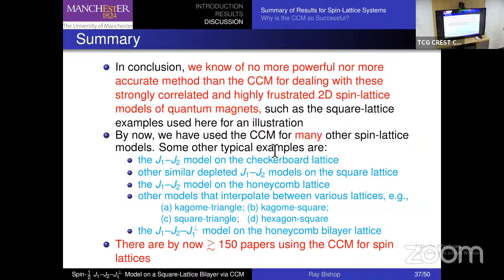This is one example out of tens or 20, I'm not sure how many. Many models have been done, including these here. Different lattices, triangular lattices, Kagome lattices, hexagonal lattices, etc., with equal sort of accuracy and appeal.